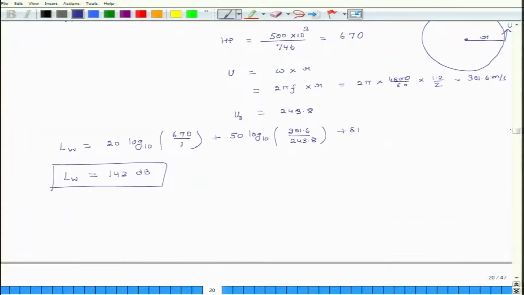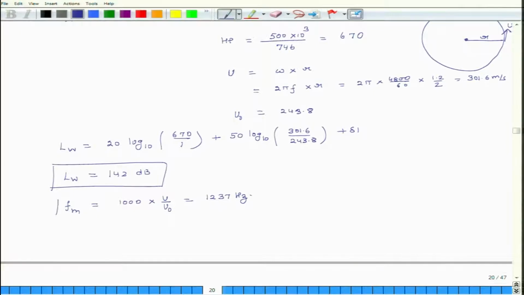So, FM for centrifugal compressors is 1000 times U by U0, and that is 1237 hertz.